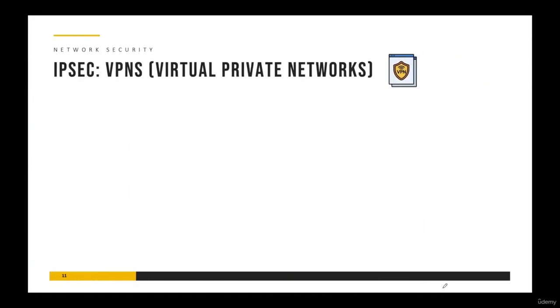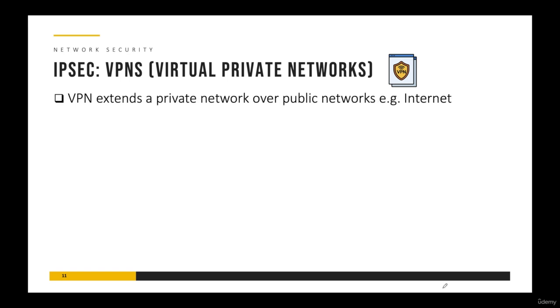Let's have a look at virtual private networks, a very important concept in cybersecurity. The basic idea of VPNs is that they extend a private network over public networks. What this means is that, let's say you work in a company and they have a very secure corporate network, and now one of the users wants to access this network from his home. He's working remotely perhaps.